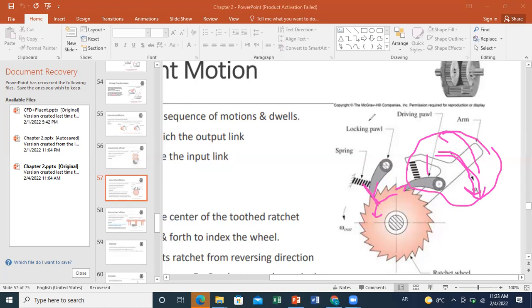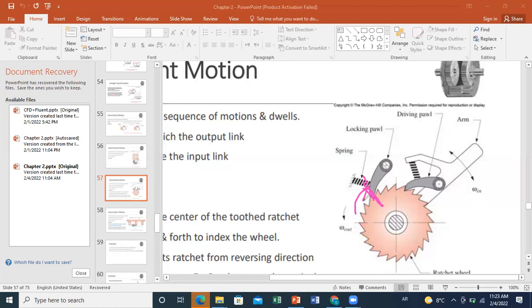Due to the geometry of the pole, as you can see, the geometry will allow relative motion in this direction between the pole and the wheel, but not the opposite one, because when you move in the opposite direction, you have an obstruction, a physical obstruction created by the geometry of the locking pole that will not allow the wheel to go backward.